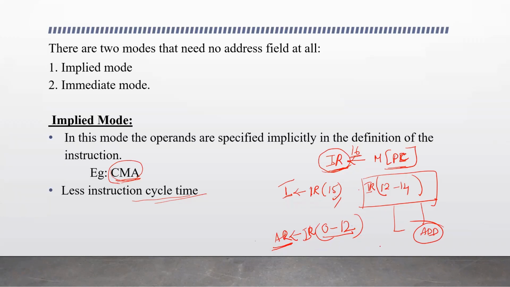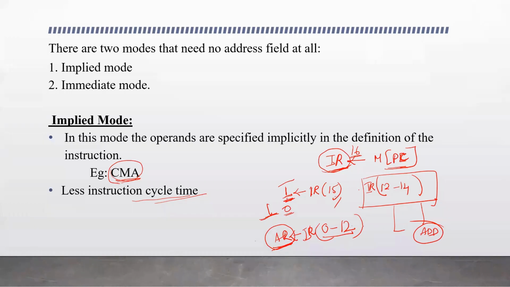And the third phase is to find the effective address, right? If the I bit is 0, it means it is a direct address, and what we have in AR here is the address. If I is 1, then it is not a direct address, the address is indirect. So we need to find the effective address.